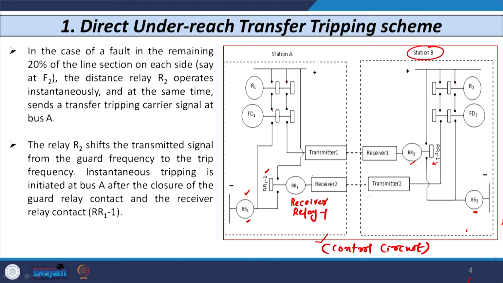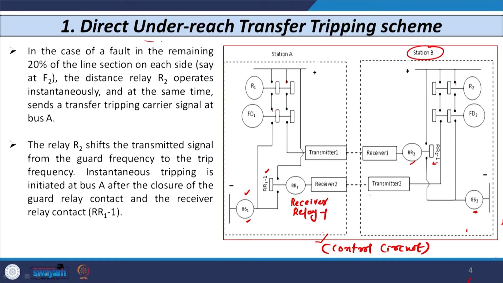Whenever the carrier signal is received from substation B at substation A, the receiver relay contact directly closes, and hence no other contact is available in series with this RR11 or, on the other side, in series with RR21. So, as soon as the tripping signal is available from the other substation on each side, by closing of this receiver relay contact on each side, direct tripping is initiated, and that is why the name direct underreach transfer tripping scheme is given.